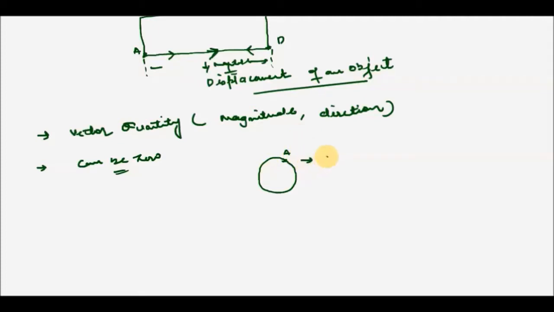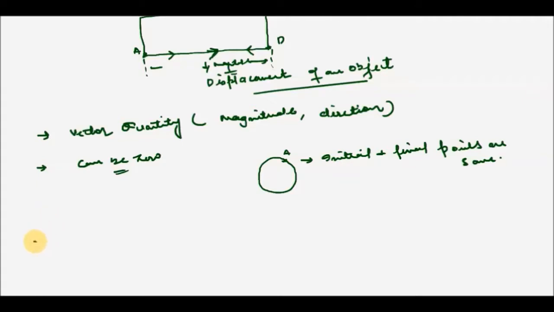So I'll say that its initial and final points are same. So if I ask what will be the length between its initial point and final point, you would say 0, because its initial and final points are coinciding. So here we can see that yes, displacement can be equal to 0.